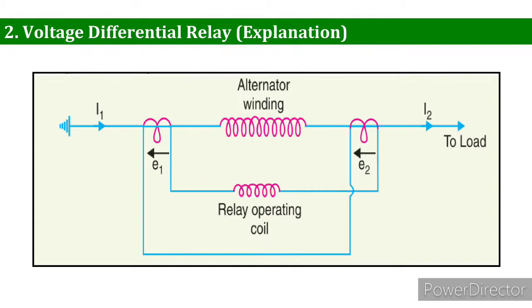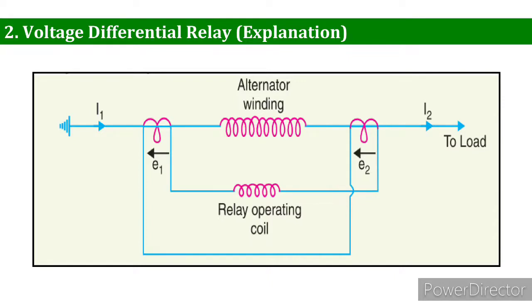Well, the next type is the voltage balance differential relay. As you can see in the figure, which shows an arrangement of voltage balance protection. In this scheme of protection, two similar current transformers are connected at either end of the element to be protected.